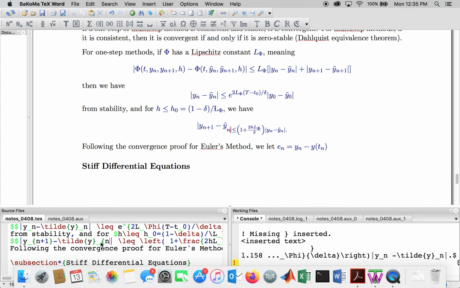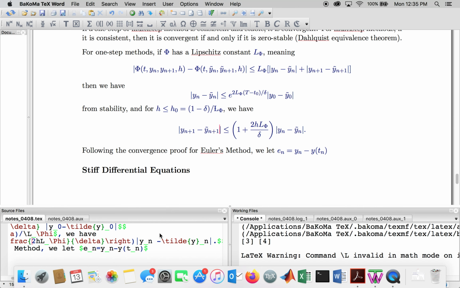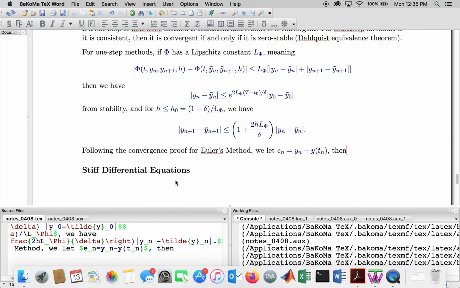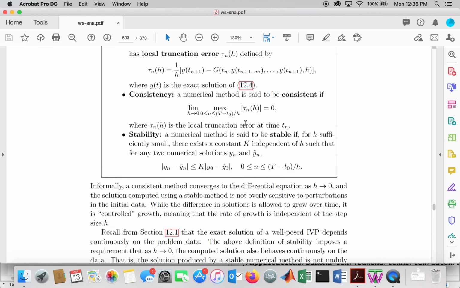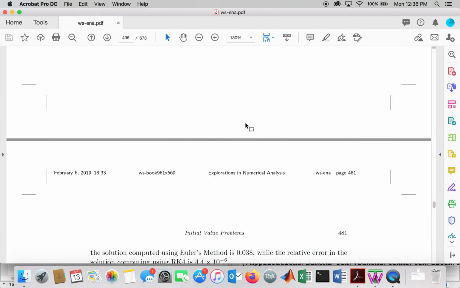Sorry, that should be a y tilde n plus 1. If we go back to that proof, we had a similar relationship between new error and old error. That was way back at the beginning of the chapter.